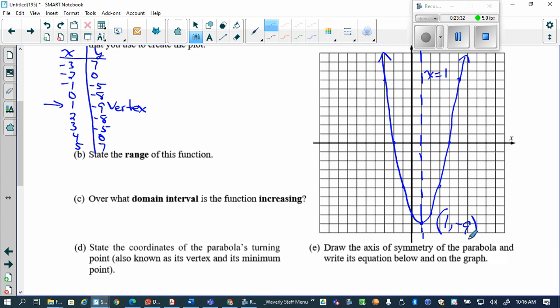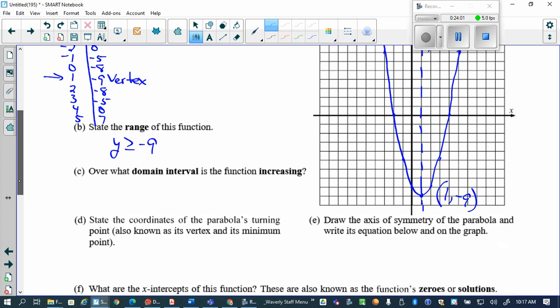Why do you keep saying x? y is going from -9 to infinity. Or equal to. Remember, it's all the y values, -9 and above. So we can say y is greater than or equal to -9. That's the range. In other words, from -9 up to infinity.